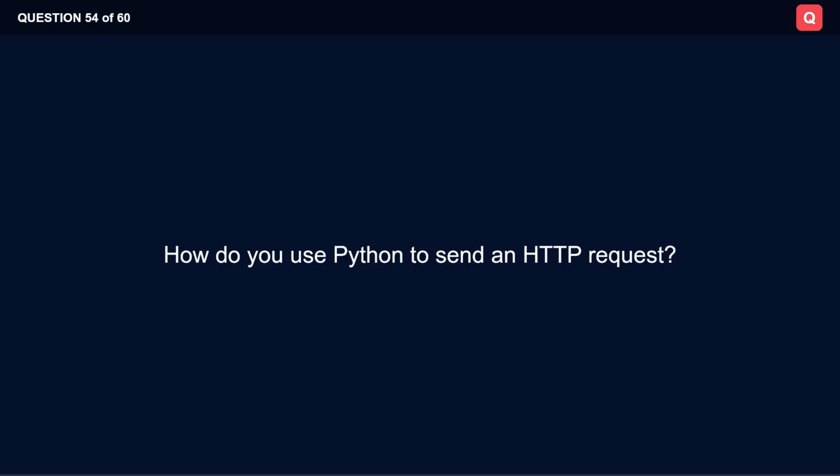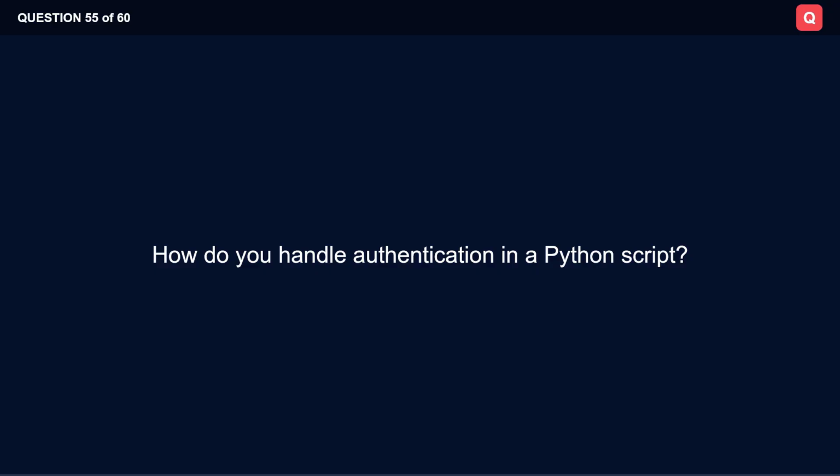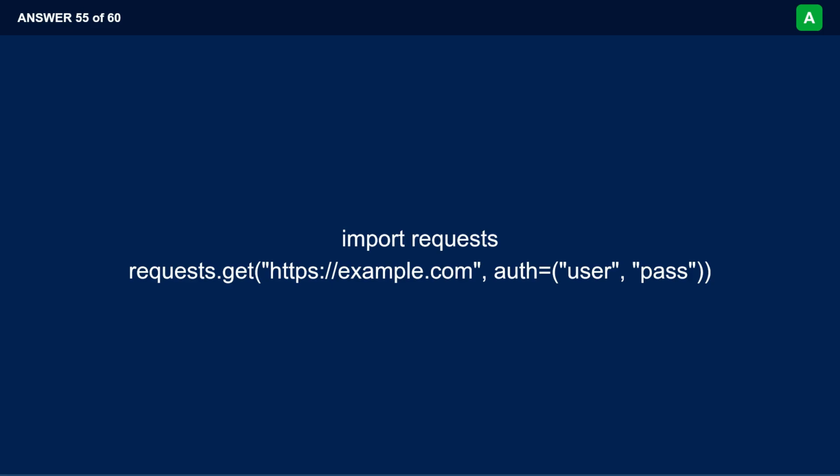How do you use Python to send an HTTP request? import requests; response = requests.get("https://example.com"); print(response.text). How do you handle authentication in a Python script? import requests; requests.get("https://example.com", auth=("user", "pass")).